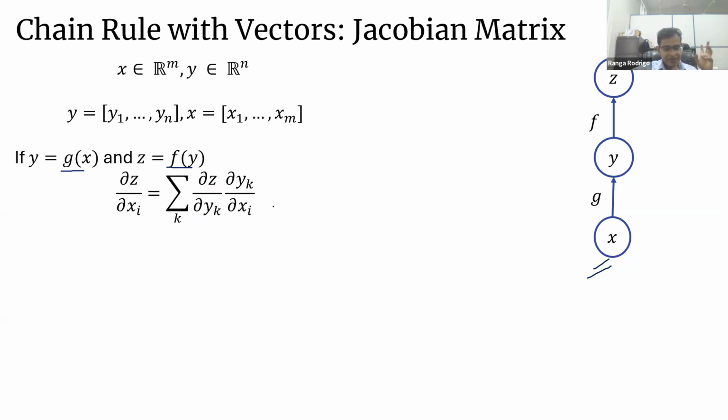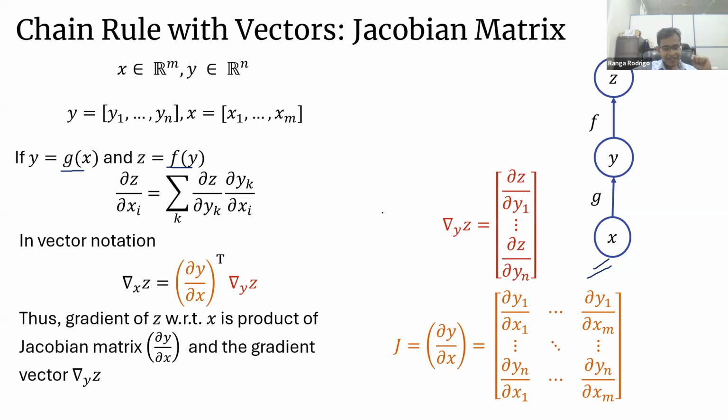This is the rule, but you can write that in Jacobian form. You can write it with the Jacobian transpose: the gradient of z with respect to x is the product of the Jacobian transpose and the gradient vector of z with respect to y.